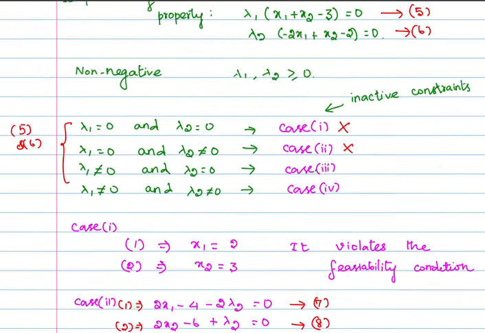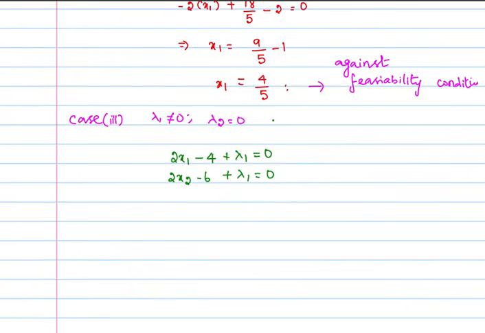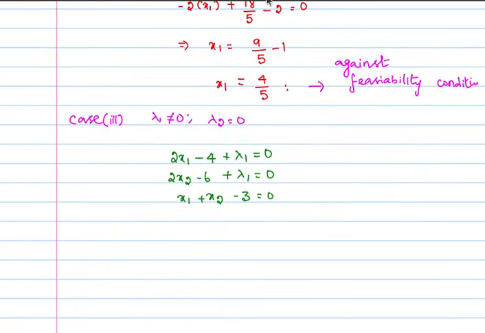From equation number 5, lambda 1 is not equal to 0, then these two multiplied give 0, so x1 plus x2 minus 3 equal to 0. I will call this equation number 11.